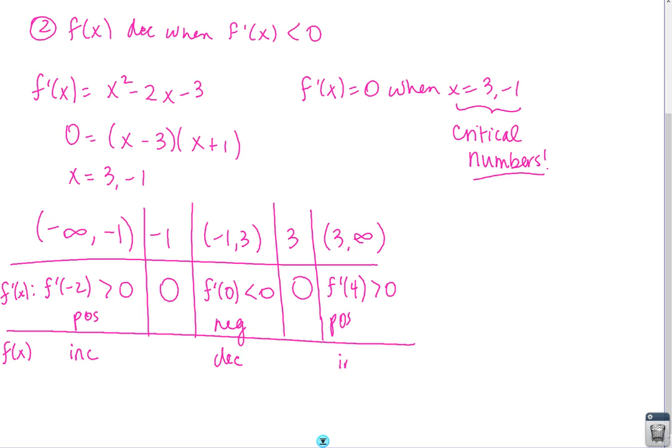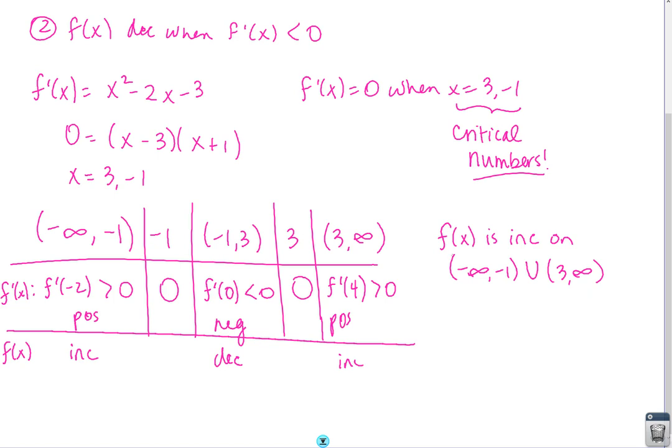Decreasing, and then increasing. So the actual question was, what are the intervals where the function is increasing and decreasing? So off to the side, I'm going to say f of x is increasing on the interval from -infinity to -1 union 3 to infinity, because it's doing it on both of these intervals.